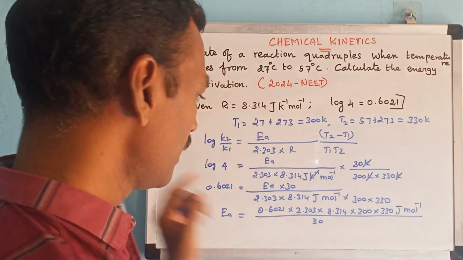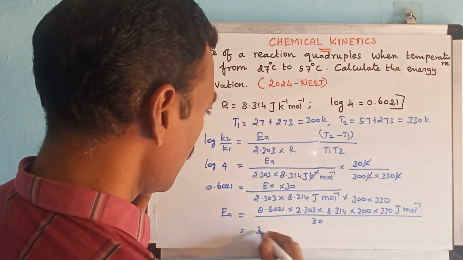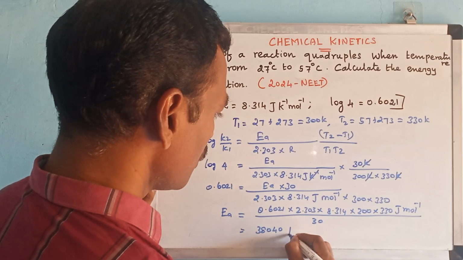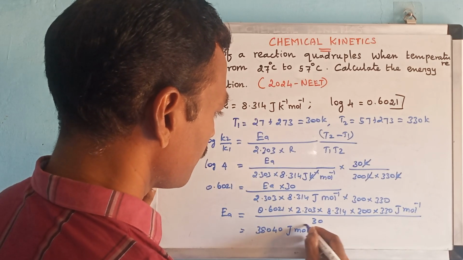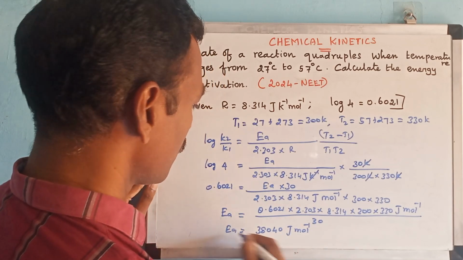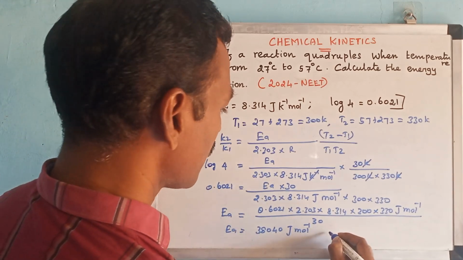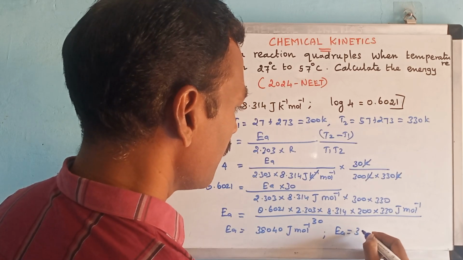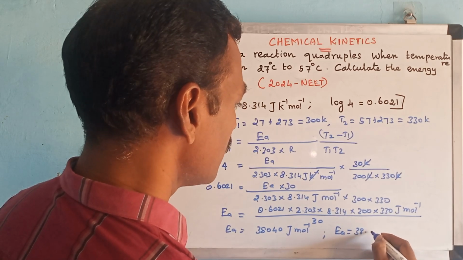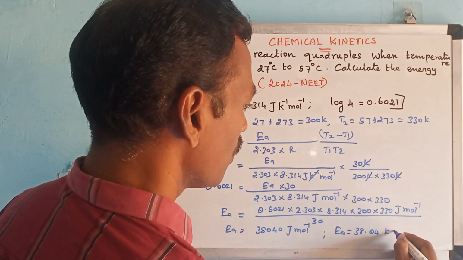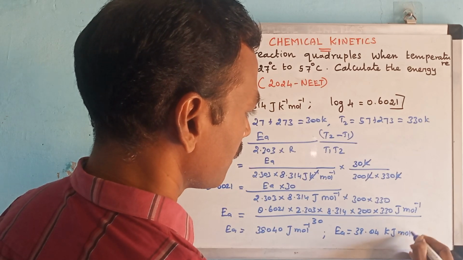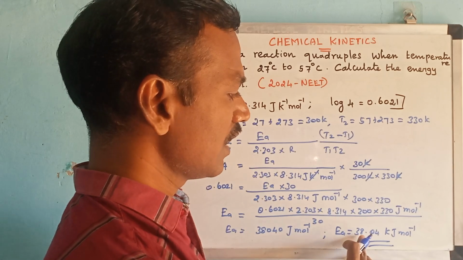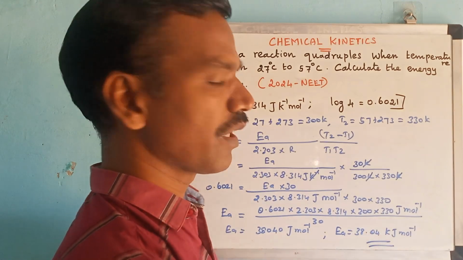Calculate these values, we get 38040 joule per mole, EA value. This value can be written like this: EA equal to 38.04 kilojoule per mole. So energy of activation for the reaction EA equal to 38.04 kilojoule per mole.